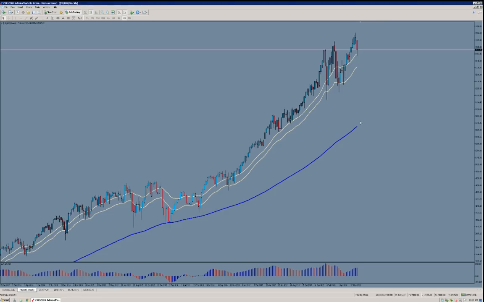But I definitely think, because we had this touch here, for example, obviously I'm analyzing this chart in other ways as well, but just purely from the moving averages, once you see a hit of that long-term moving average and another push up, don't expect it to do that again necessarily. It might be now coming in for a bigger correction.